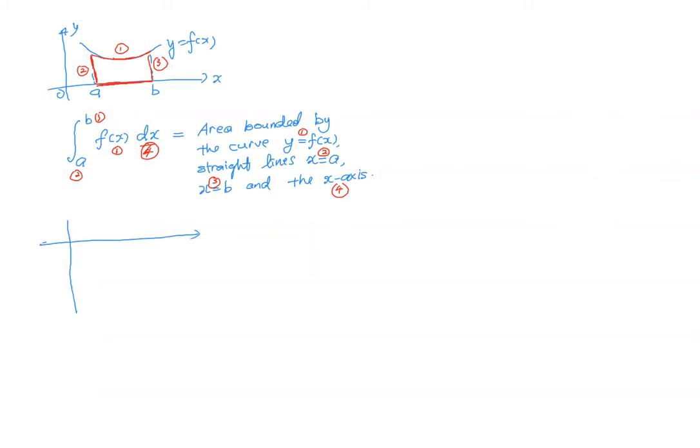If I have a graph, y equal to g(x), this is my A, this is my B. So if I integrate from A to B of g(x) dx, will this value be greater than 0 or less than 0?